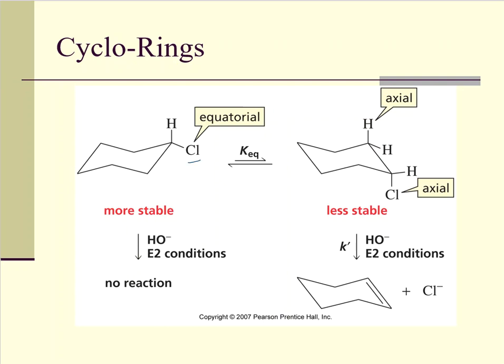Back in the day, we said that chlorine, or really any type of group, is going to be more stable in the equatorial position. And folks, they are actually so stable that E2 conditions with strong bases are not going to work.